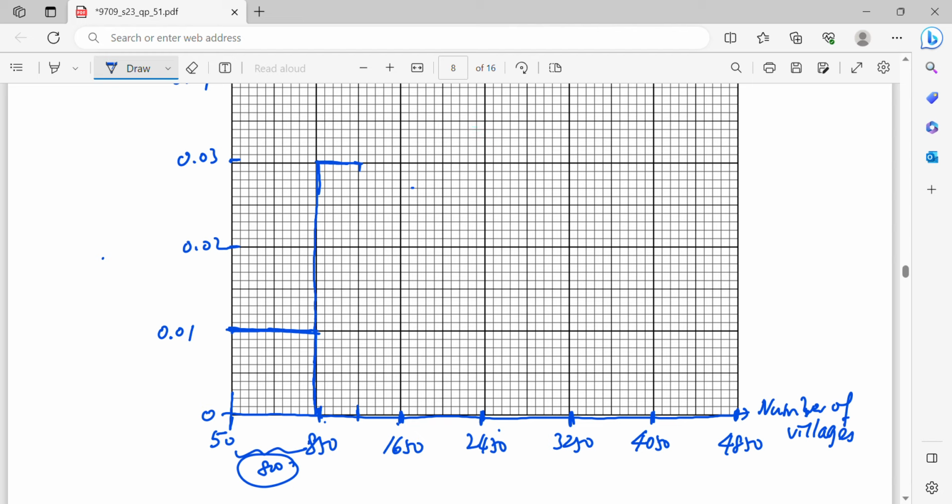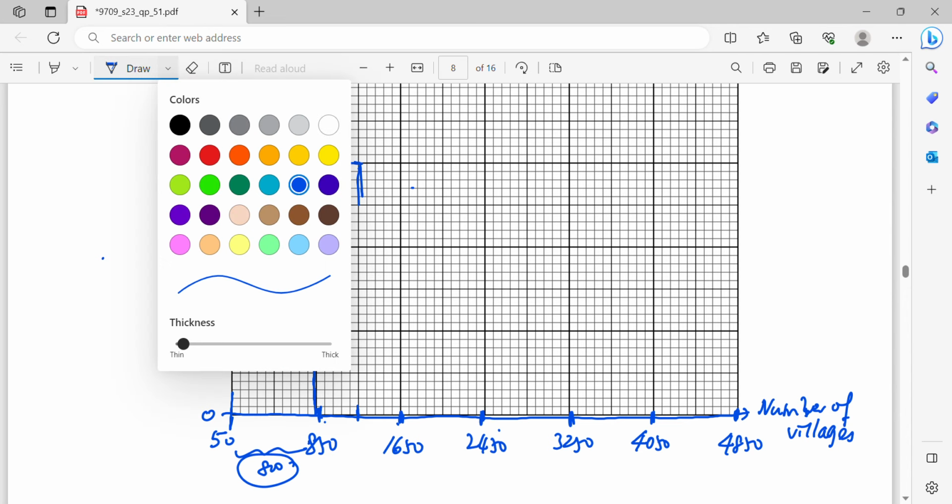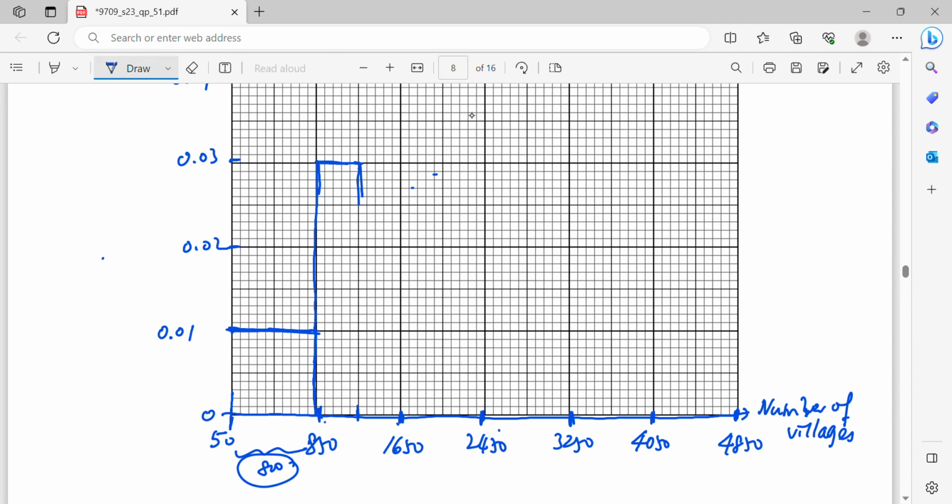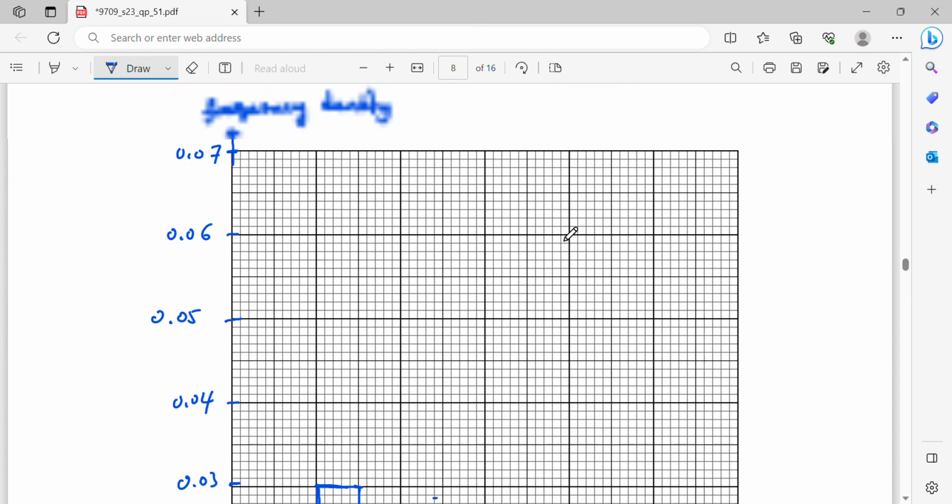Okay, hang on please. Okay, there's the second bar.